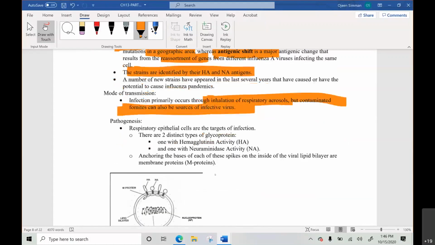Pathogenesis. The influenza virus has tissue tropism to our respiratory epithelial cells.